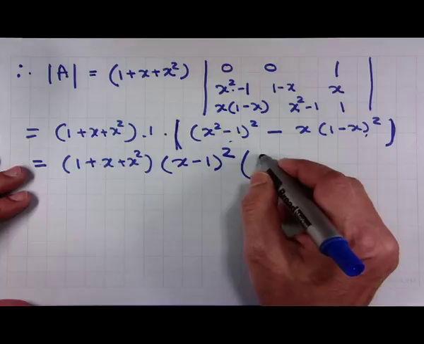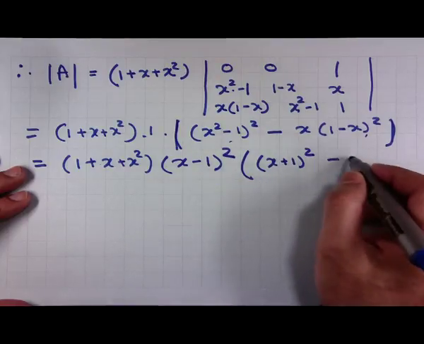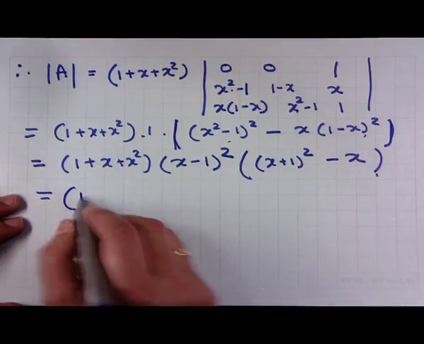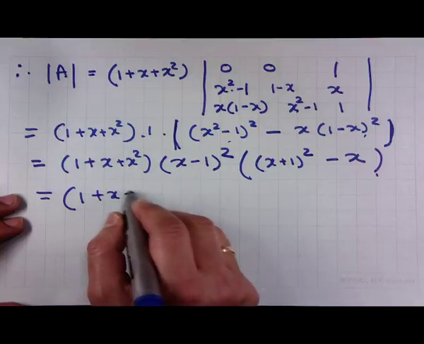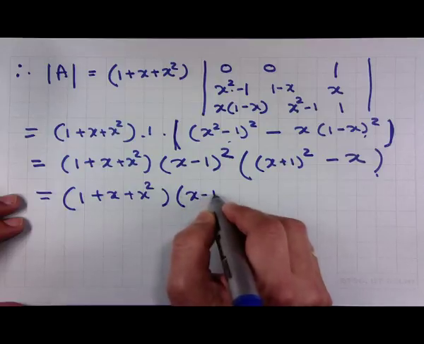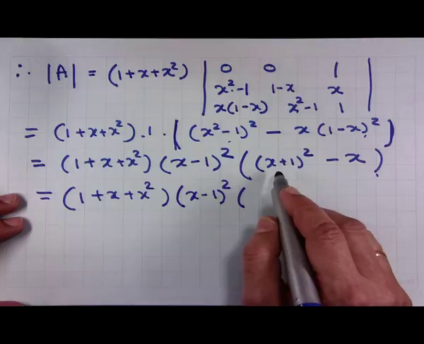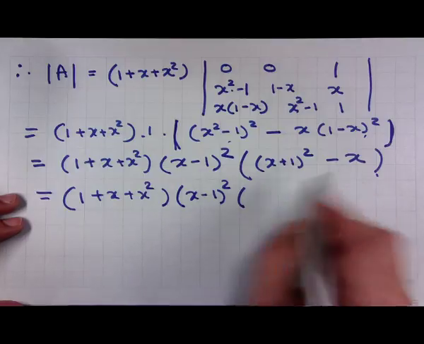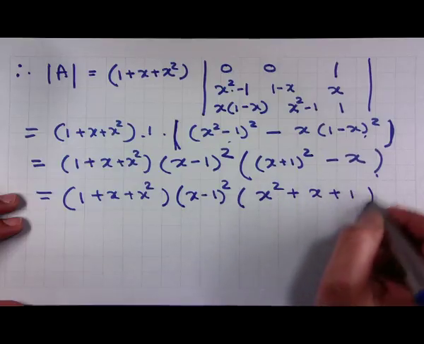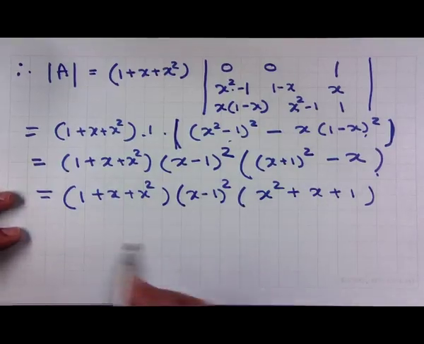We are left with x plus 1 whole square minus x, which is equal to 1 plus x square into x minus 1 whole square into x square plus x plus 1, because the 2x term will come and 1x is subtracted from there.